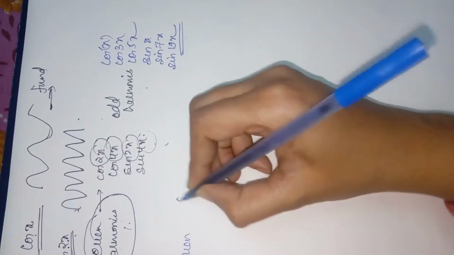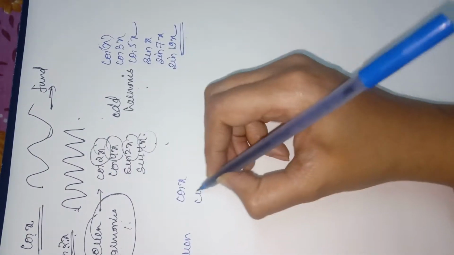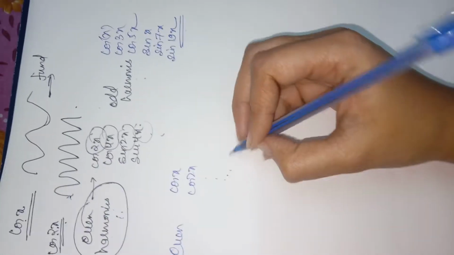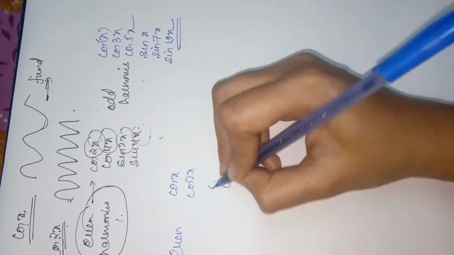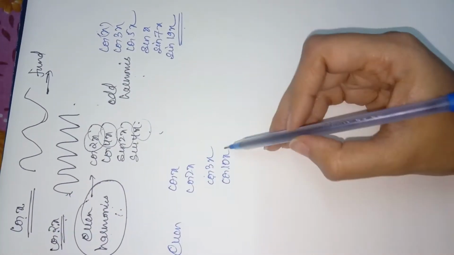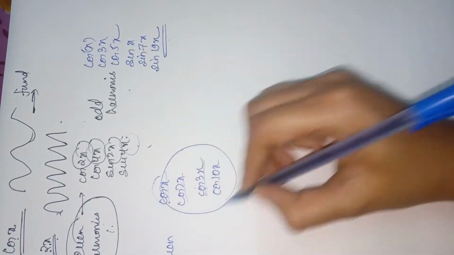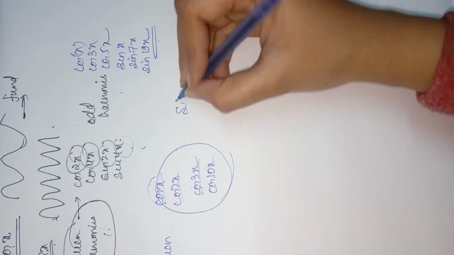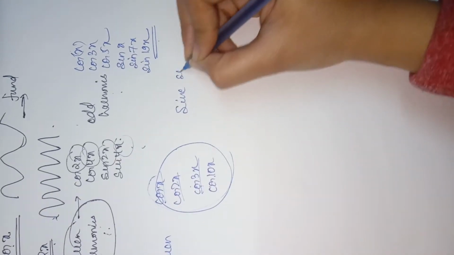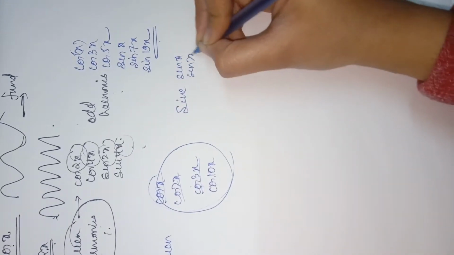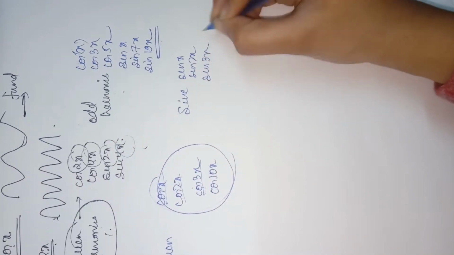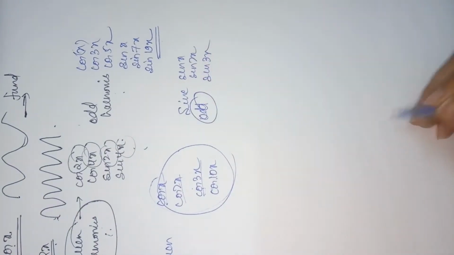While even function would be what? Any cos term, cos x, cos 2x, cos 10x, or even cos 3x. This is also even, everything with cos is even. When I say sine, like sine x, sine 2x, sine 3x, whatever, then it is an odd function.